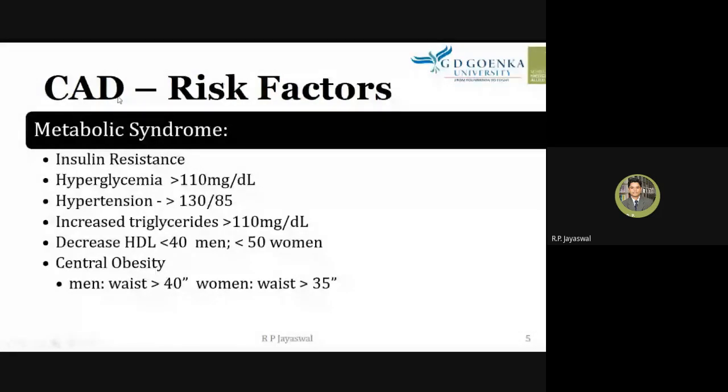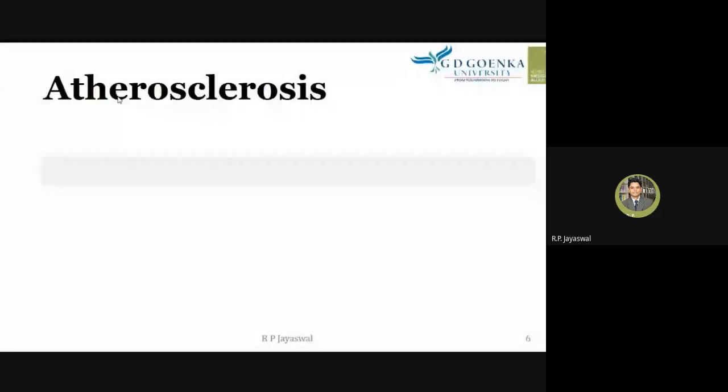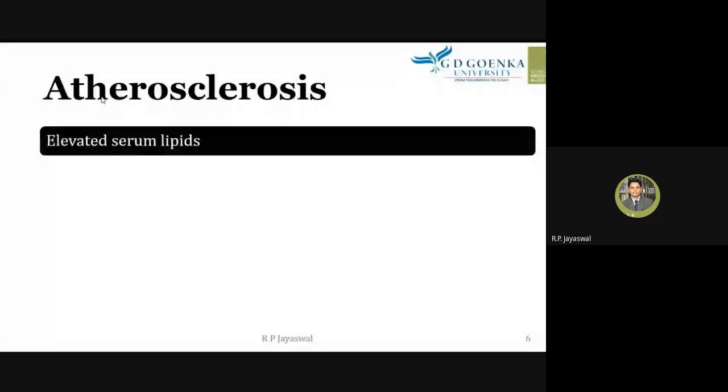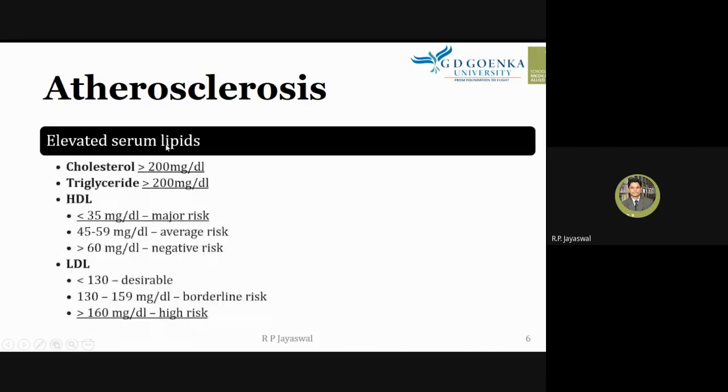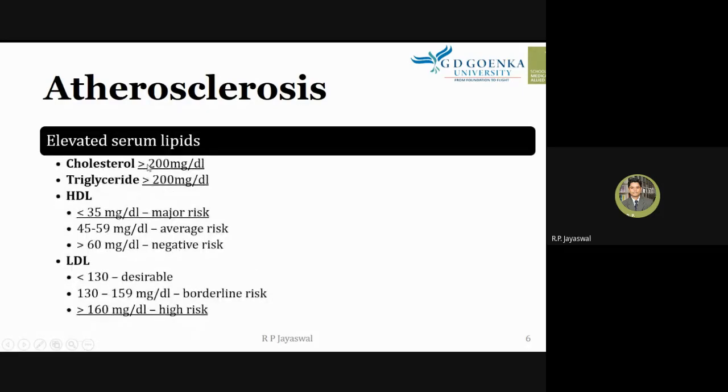What is atherosclerosis? Here there are elevated serum lipids. When we do the lipid test in the blood, usually the value is on the higher side. So we can see the cholesterol level is more than 200 mg per dl. Triglyceride level is more than 200 mg per dl. HDL is less than 35 mg per dl. If the value is less than 35, we call it a major risk.